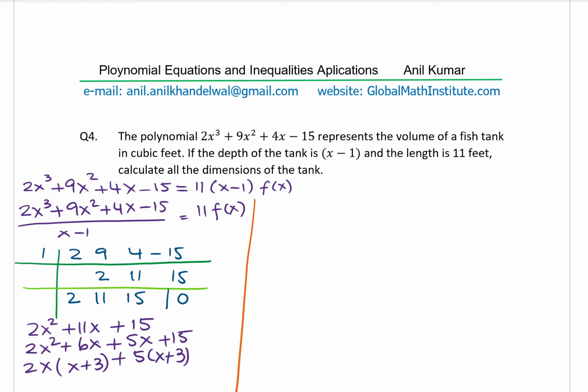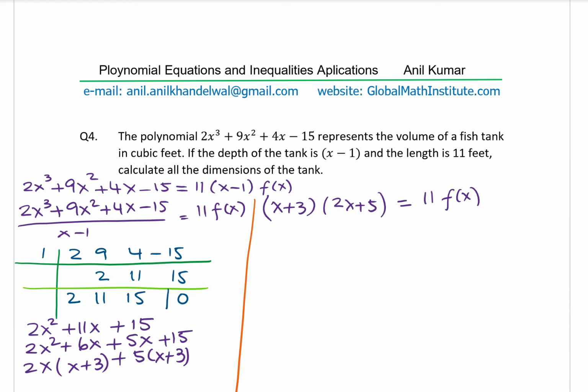What we get is x plus 3 times 2x plus 5, right? That becomes the factor, and that has to be equal to 11 times f of x, correct?